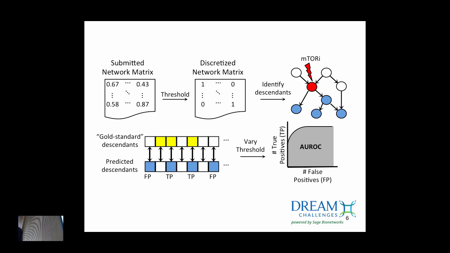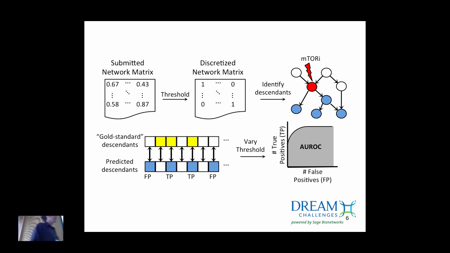By varying the threshold, we obtain each time a different number of false positives and true positives. And so we obtain here an area under the receiver operator characteristic curve. And by just calculating this area, we obtain a score of how well you did.